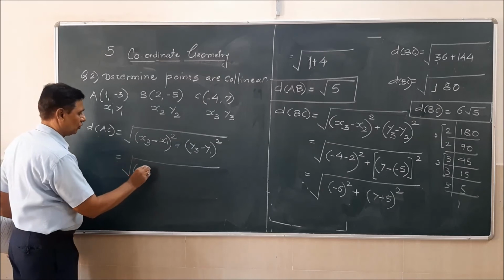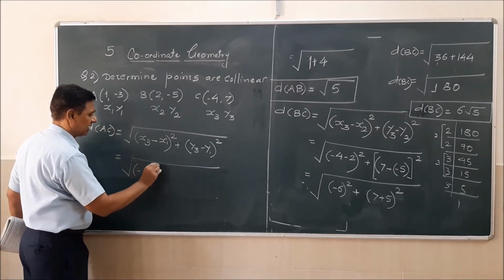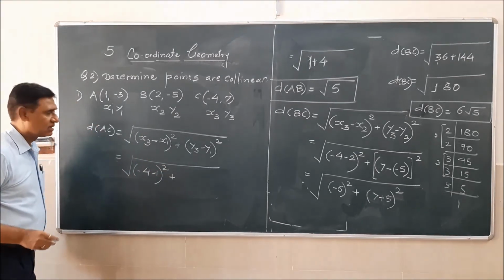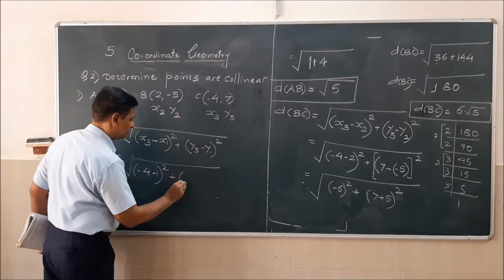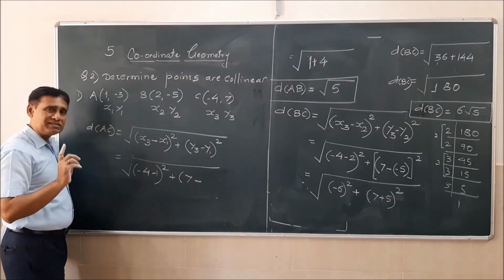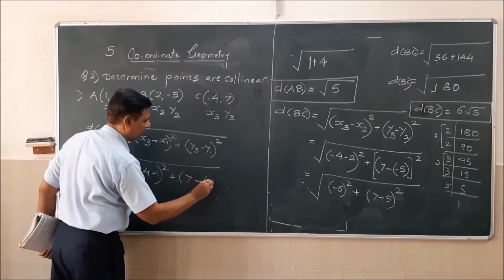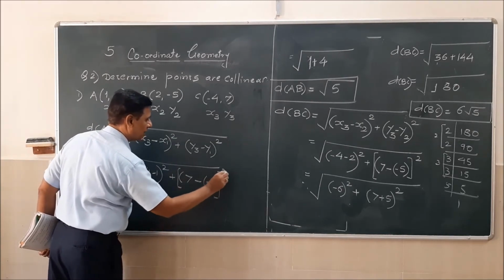So minus 4. Value of x1 is 1, that is minus 1, the whole square. Plus y3. Value of y3 is 7. So 7 minus y1. Once again, we have to take care of placing the bracket. So minus 3, the bracket square.